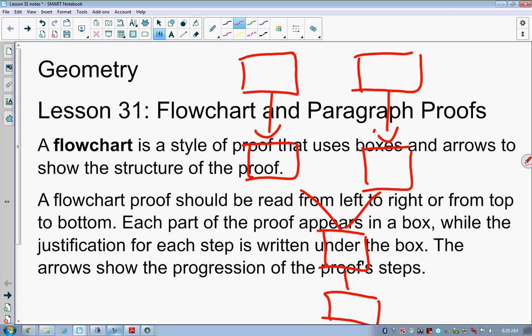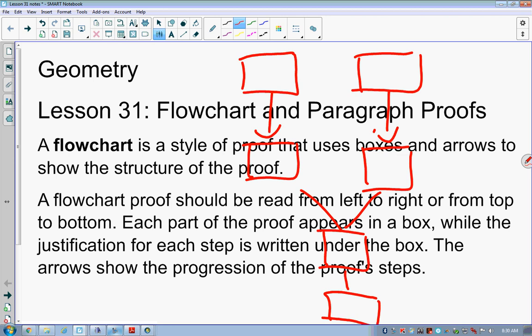It's all the exact same information that we've had in our proofs. Yes? Is there a difference between side to side and up and down? No, there's no difference. It's purely out of preference as far as I'm concerned. There's not a time where it says do a flowchart proof, and you're going to be wrong if you did it side to side versus up and down.